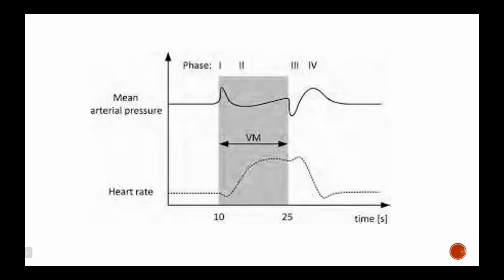Both of these will act hand in hand and ultimately result in an increase in the mean arterial pressure, which you can see in phase 4, which in turn is associated with a corresponding reflex bradycardia. So these are the phases of Valsalva and the changes that happen in murmur with Valsalva.